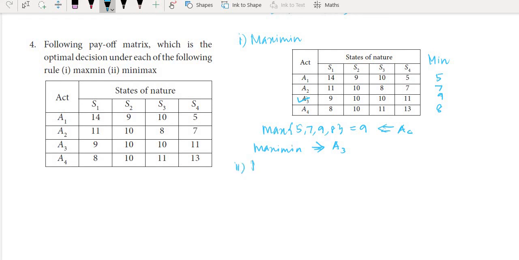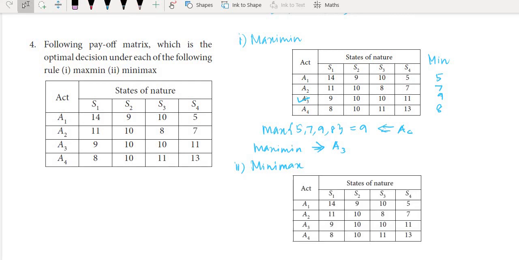Second, minimax. So minimax stands for minimum among the maximum values. It means we have to take the maximum for each act, then we have to go for the minimum among them. So the maximum payoff value for act 1 is 14, for act 2 it is 11, for act 3 it is 11, and for act 4 it is 13.